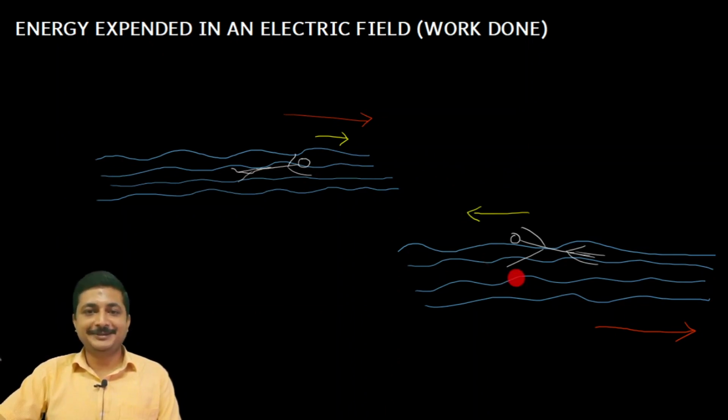But in the second example, you are asked to swim the same 200 meters but against the flow of water. So you will exhaust, right? You will start losing your energy. Maybe in the first case you are able to complete this 200 meters very easily, and in this case you may exhaust when you reach halfway, maybe 100 meters. So what I intend to say is, where you are swimming with the flow of the river, you are gaining or reserving energy.